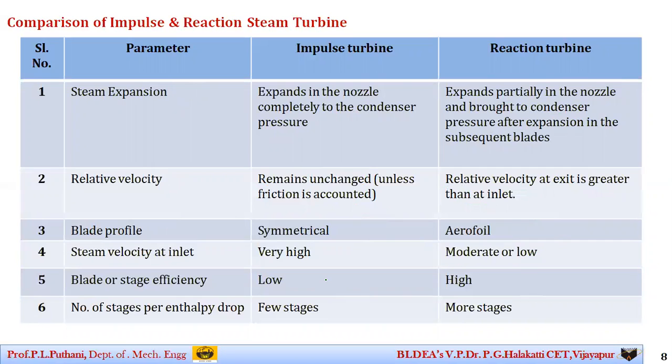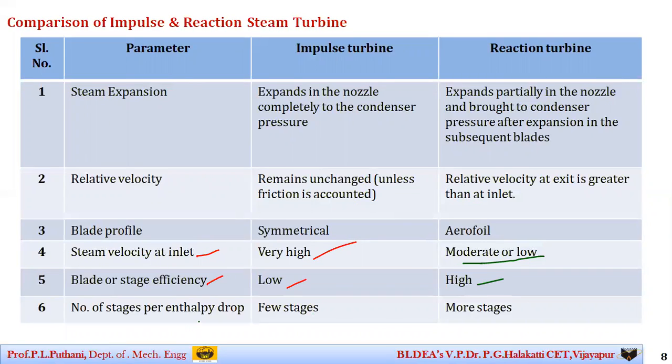Similarly, the steam velocity at inlet, especially for the impulse turbine, is very high, whereas for the reaction turbines it may be moderate or even less. Then the blade efficiency or stage efficiency, especially for the impulse turbines, is lower, whereas for the reaction turbines it is higher.